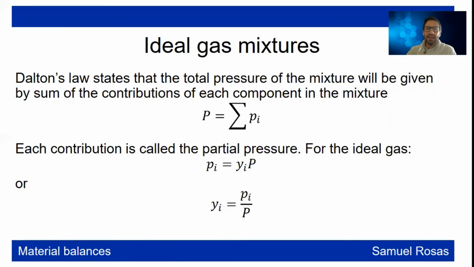For the ideal gas, that partial pressure is going to be equal to the mole fraction times the total pressure. Or in other words, if we want to solve for the mole fraction, it is the pressure of the component over the total pressure.